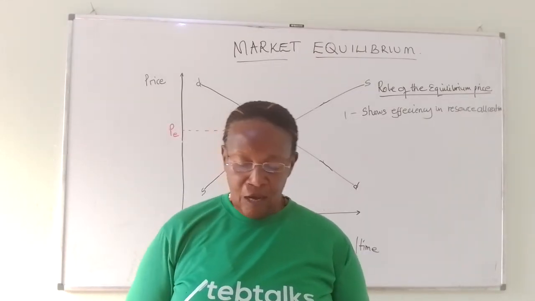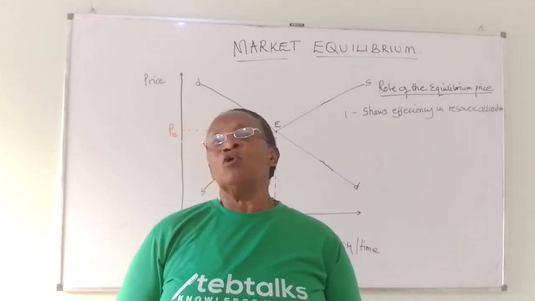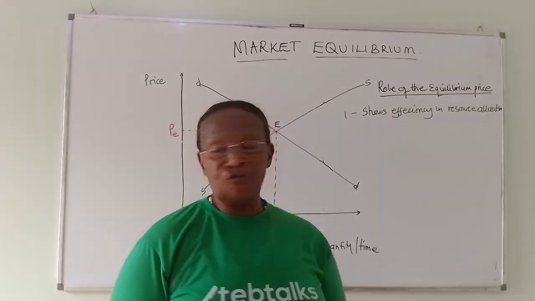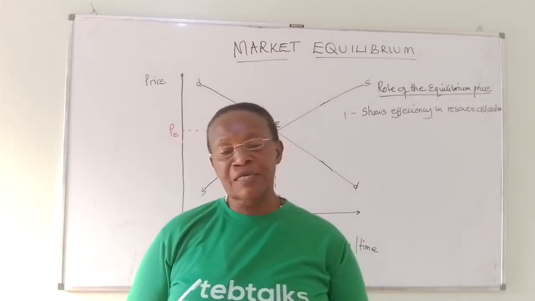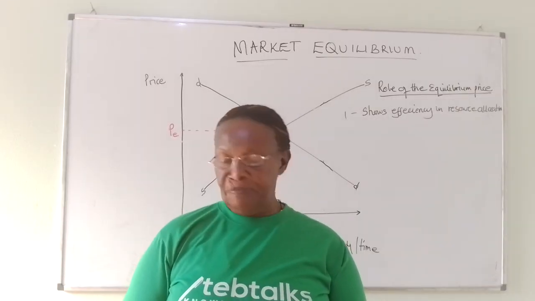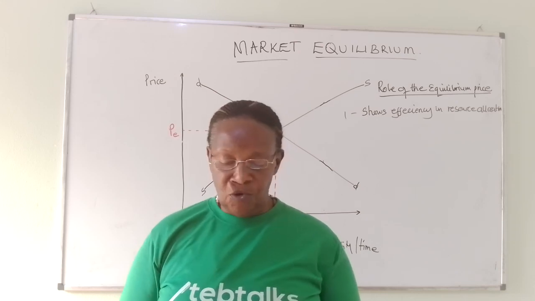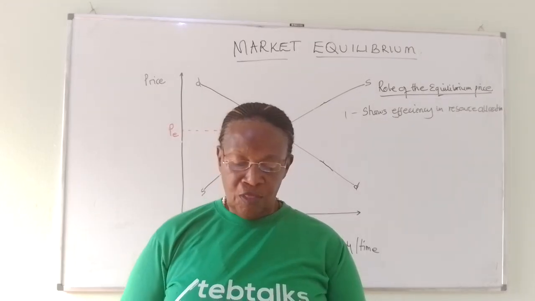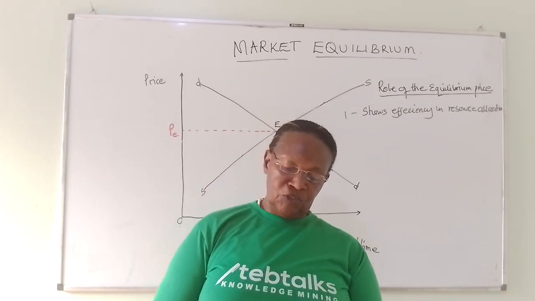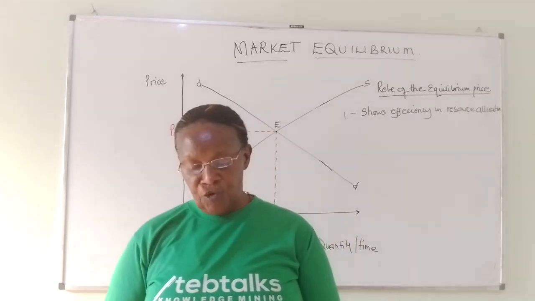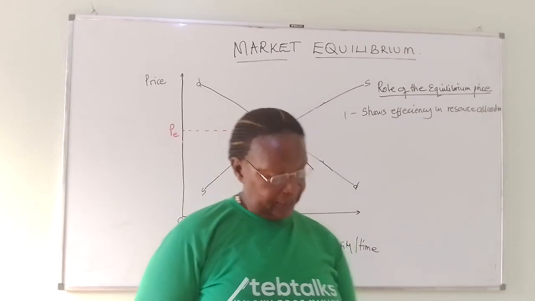So suppliers are allocating resources in the most adequate way possible to produce an amount, which is the equilibrium quantity, that is going to be bought from the market by the consumers and leaving nothing as surplus, and the consumers won't be in need of that commodity, so there will be no shortages. So the role of the equilibrium price in an economy shows an efficiency in resource allocation because there are no wastages or shortages in the market.